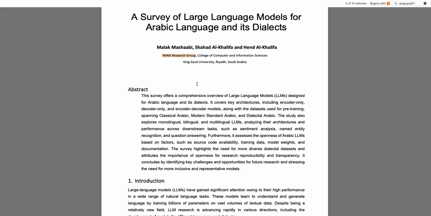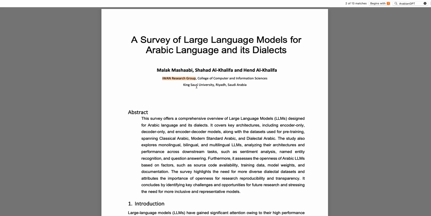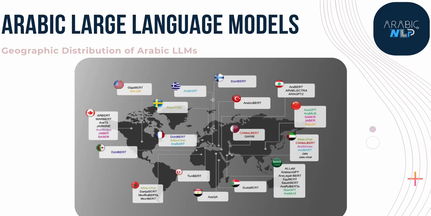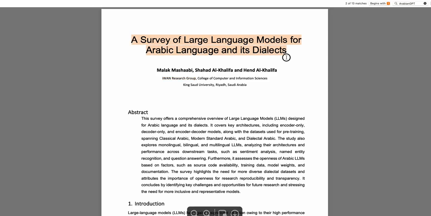This work is really impressive, and it came out last month, I think. So I am making this presentation and using this amazing distribution from that paper. So go and read more about this paper to understand more about large language models that are specialized for Arabic.